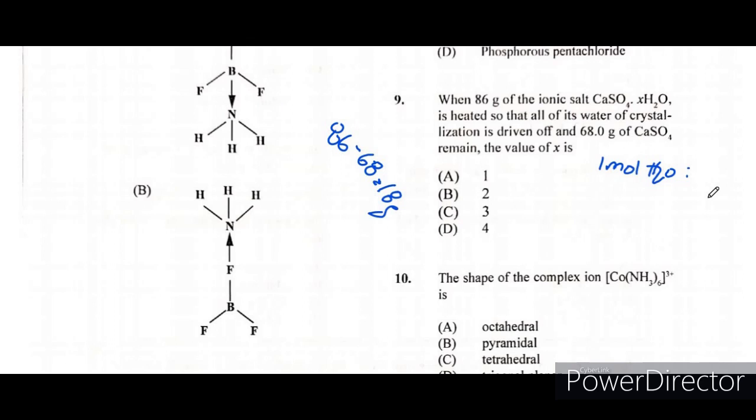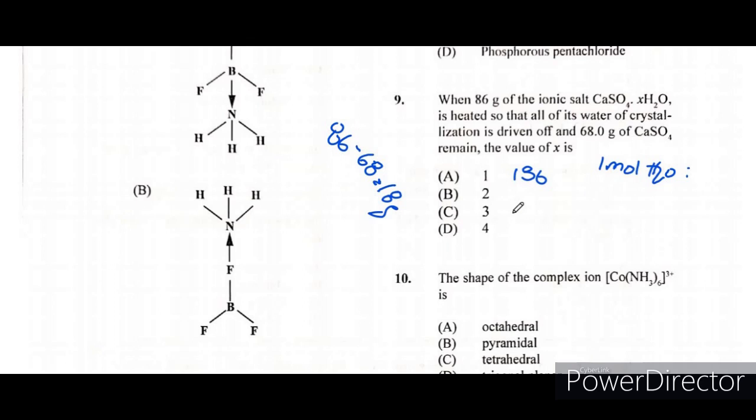Let's find out how many grams are in 1 mole of calcium sulfate. Calcium is 40 plus 32 plus, wait, nope. It would be 32 plus 32 because 2 times 16 is 32. So 4 times 16, that's what we need. Alright, got 136 for 1 mole of calcium sulfate.